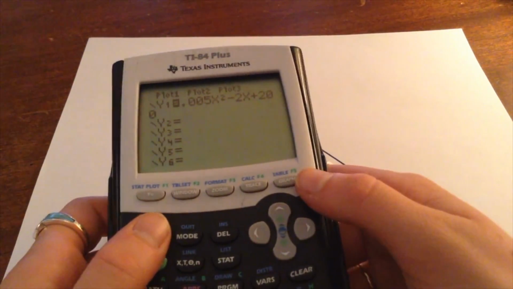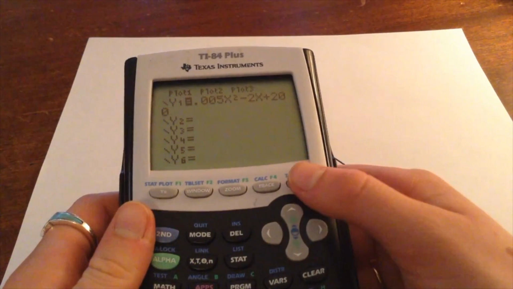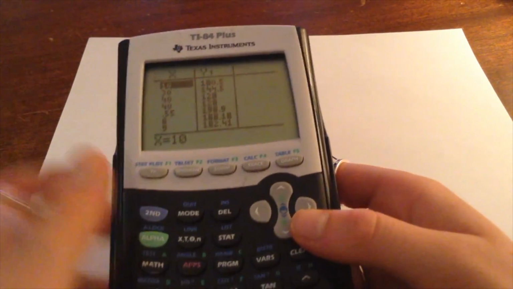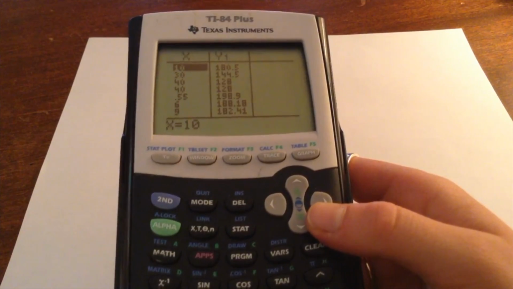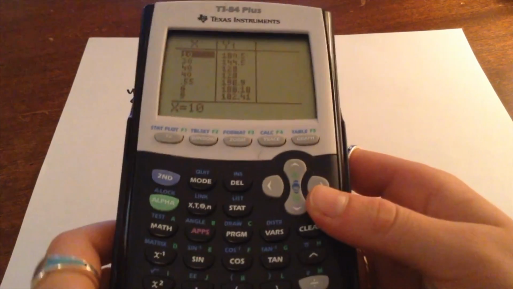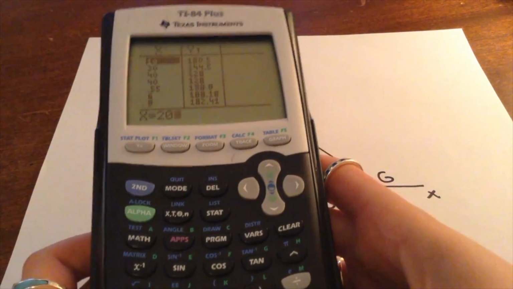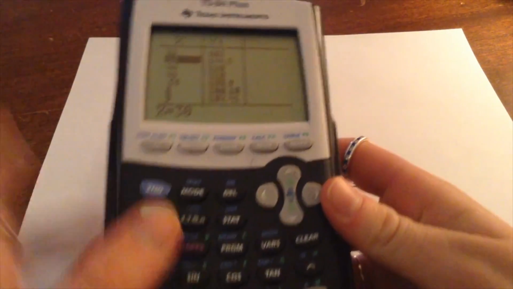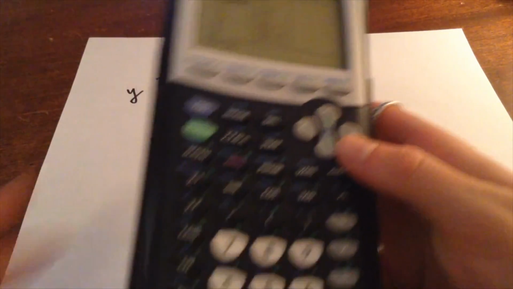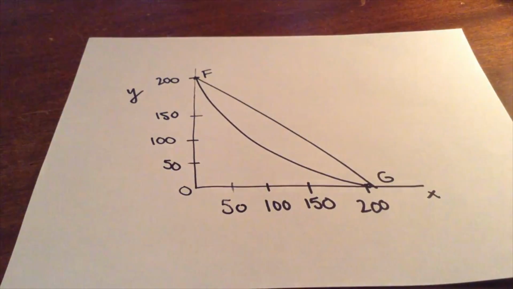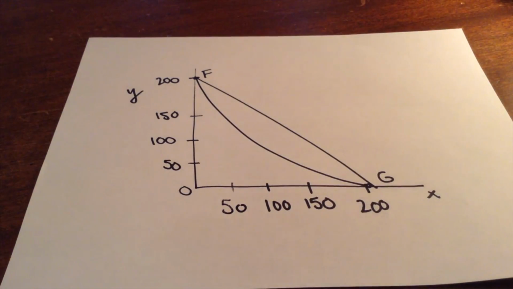Then I would go to second graph to get to table, and plug in. They're asking about x coordinate 20, so you just put x in here. And there you go. The y value for that is 162. Therefore your answer would be G, 162.